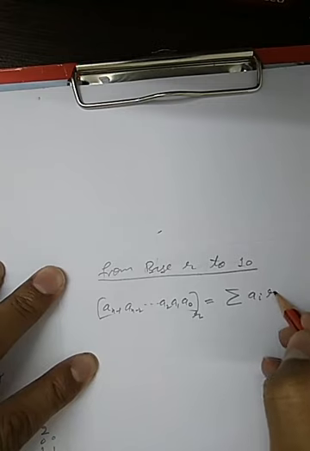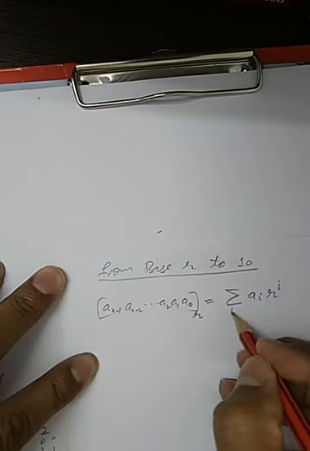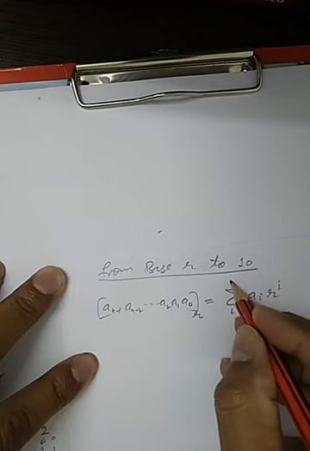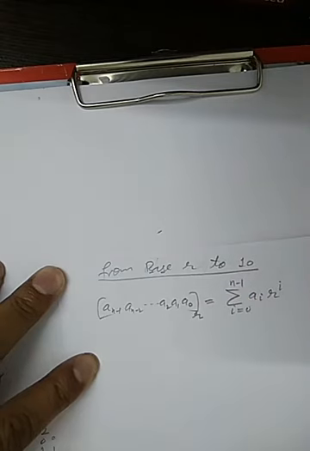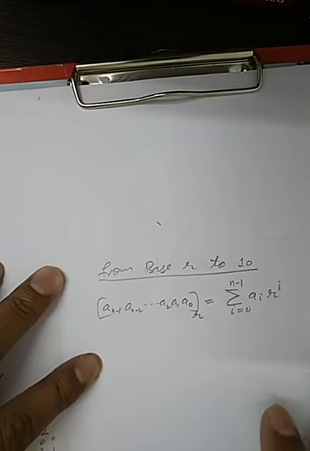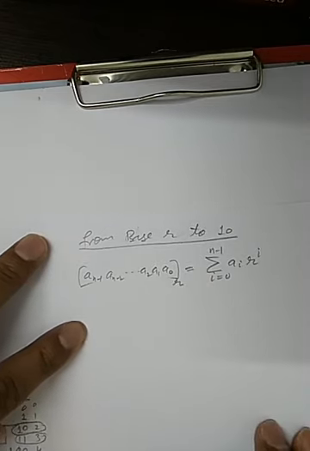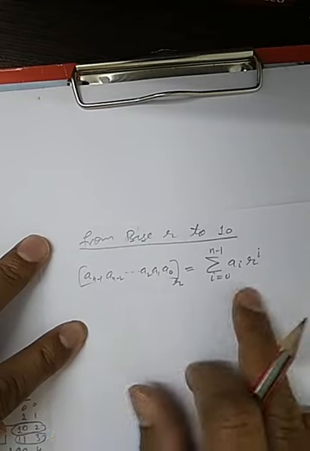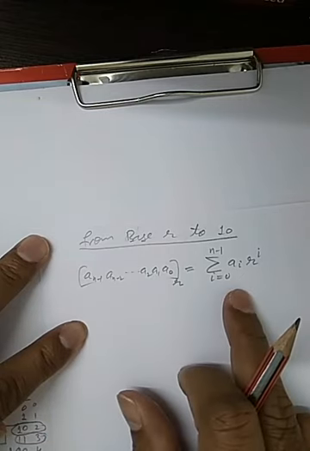The sum of a_i R to the power i, for i equal to 0 to n minus 1. At the moment we are considering only integer values, though this is applicable to fractional numbers as well.